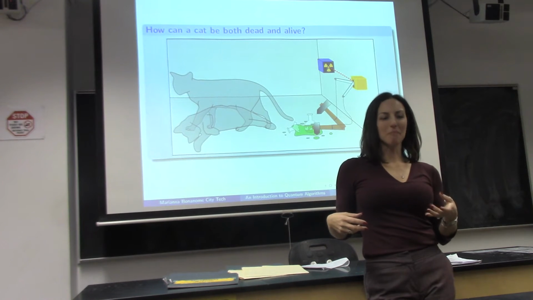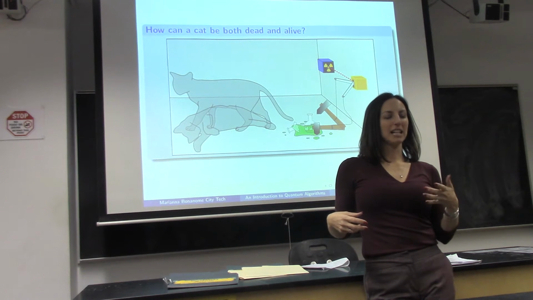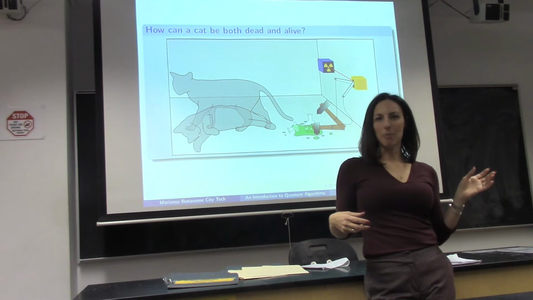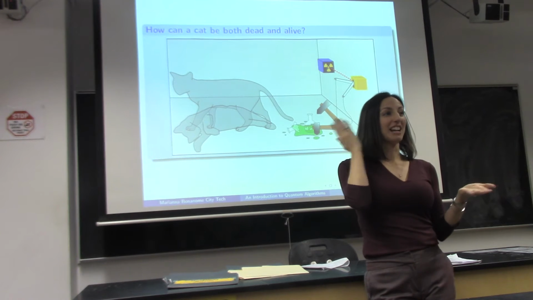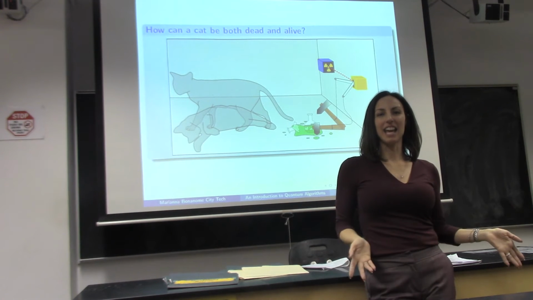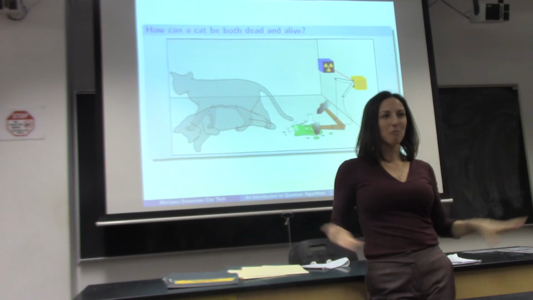We have a little amount of radioactive material, and if it decays and emits a particle, the Geiger counter will register that and crack the vial of poison, killing the cat. This is all happening behind closed doors.